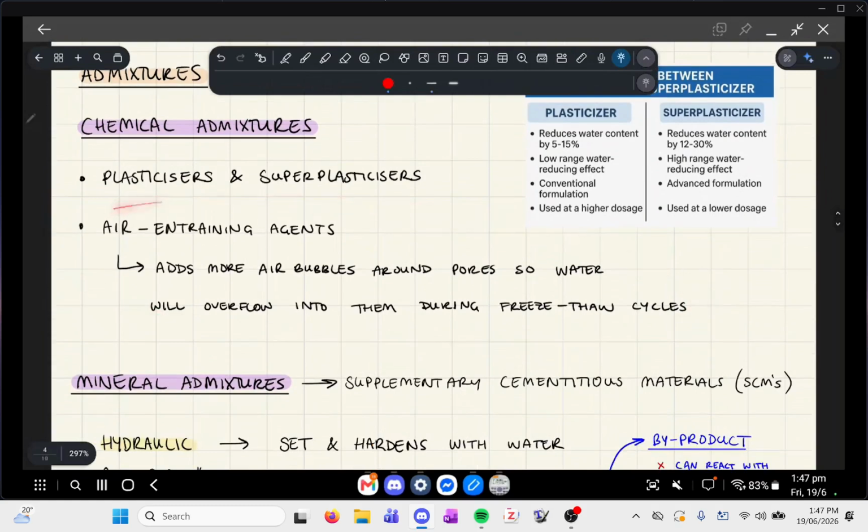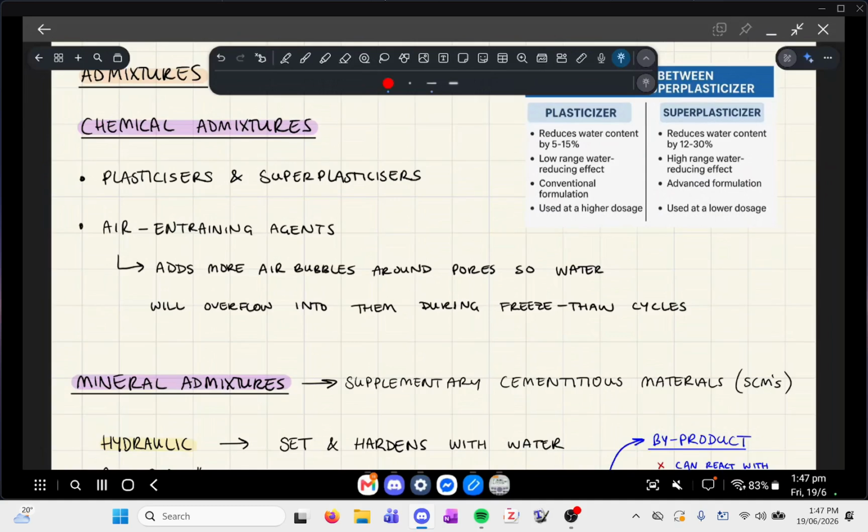So air entraining agents would be something to add in, which produces more air bubbles around the pores. Okay, which sounds like it wouldn't be beneficial, but it's used in niche scenarios where there's freeze-thaw cycles. So you actually want water to have a spot to get trapped and then removed through the freeze-thaw cycles.